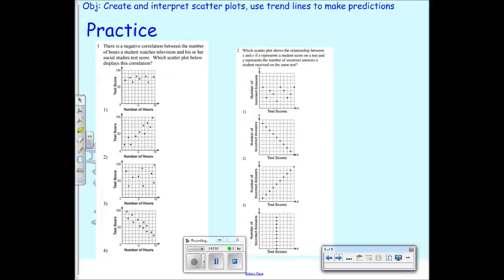Okay. Number 2 says, which scatter plot shows the relationship between x and y if x represents a student score on a test and y represents the number of incorrect answers?